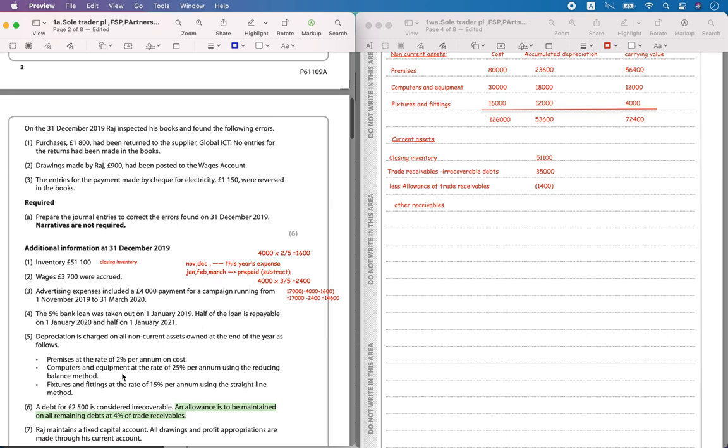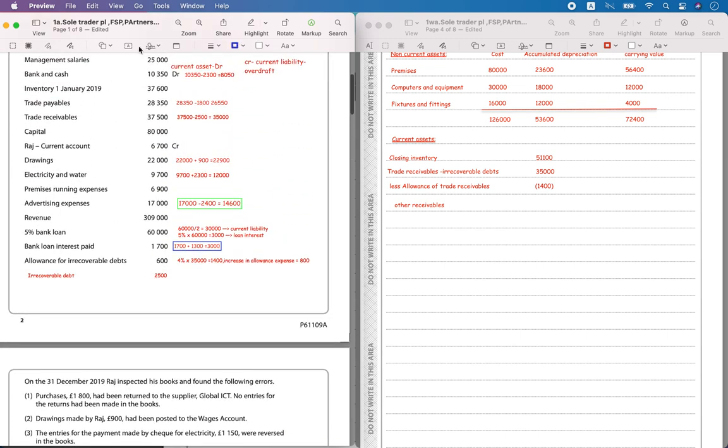There was a 5 months payment, and of the 4,000, 2 months was for this year, but the rest 3 months had become prepaid, meaning you paid extra already. So it was a prepaid expense, which becomes a current asset to the business. So it was around 2,400.